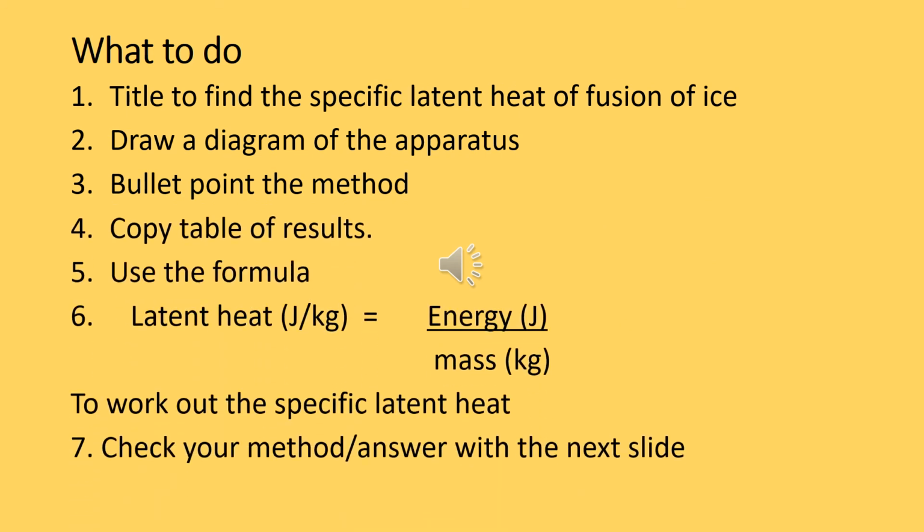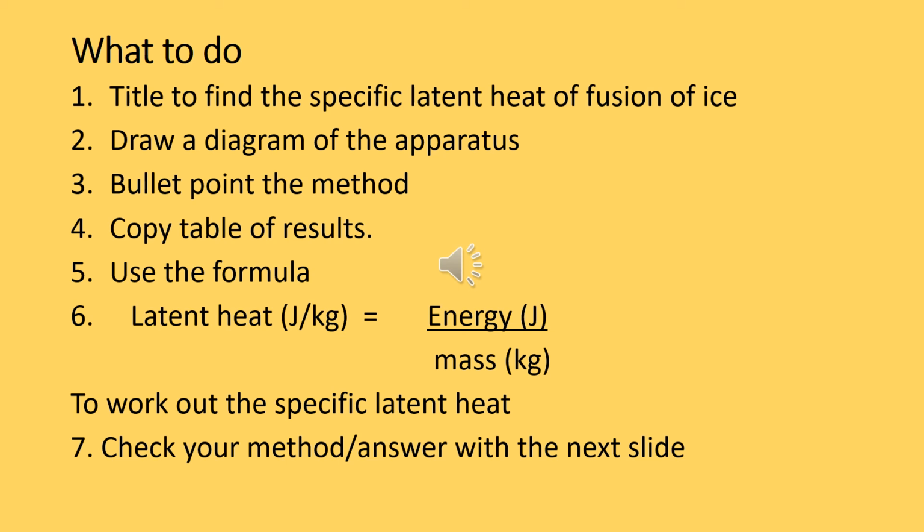Now, the main piece of work I want you to do is this. First of all, put the title, Specific Latent Heat of Fusion of Ice. Then, draw a diagram of the apparatus. Bullet point your method.